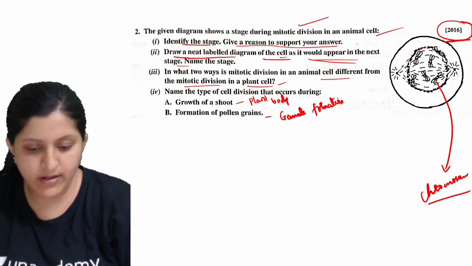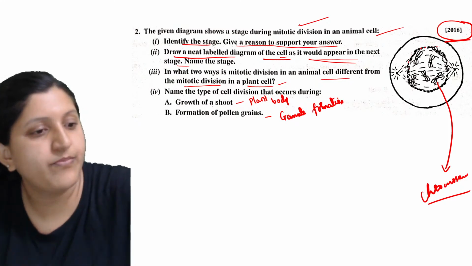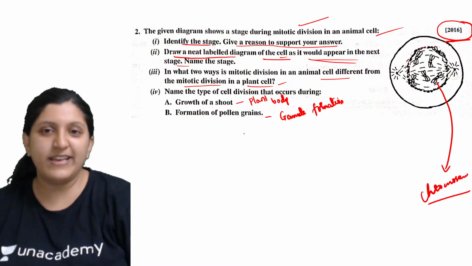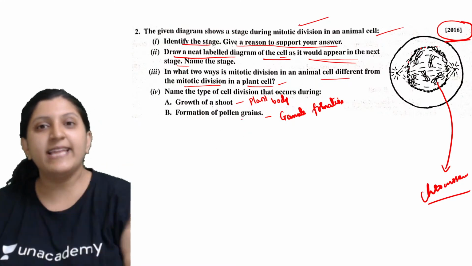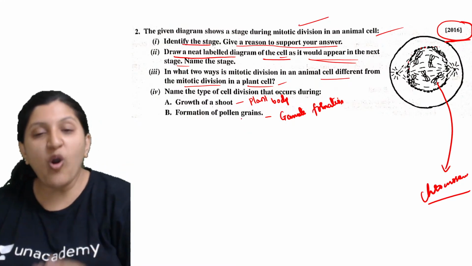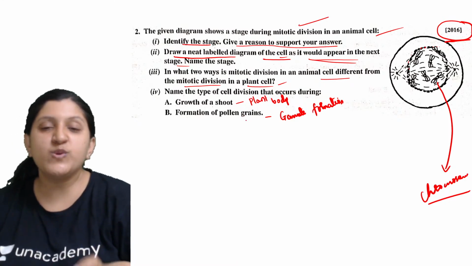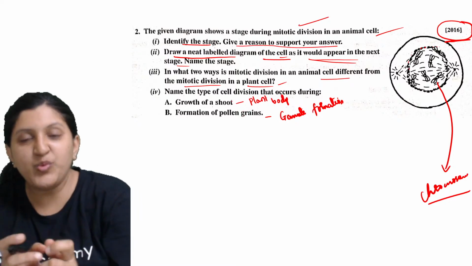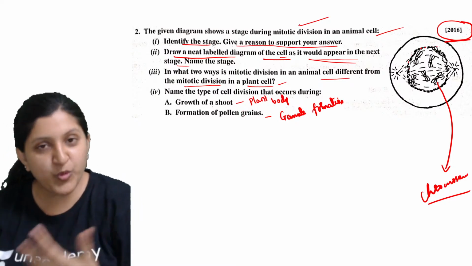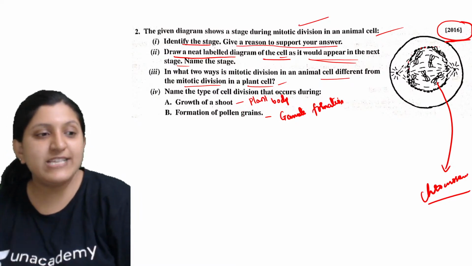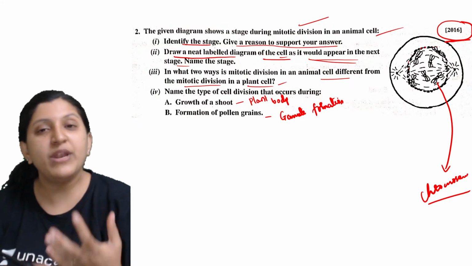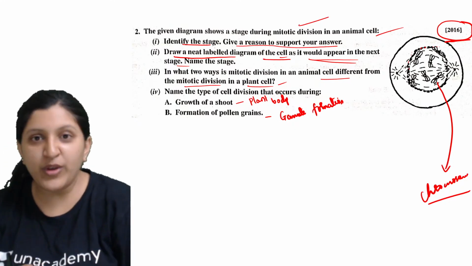The order is: first the prophase, then metaphase, where all the chromosomes are going to arrange at the equator. Then anaphase, where the chromatids are going to move towards the poles. Then telophase, the deepening of the furrow. You can see the nuclear membrane and nucleolus are going to reappear.